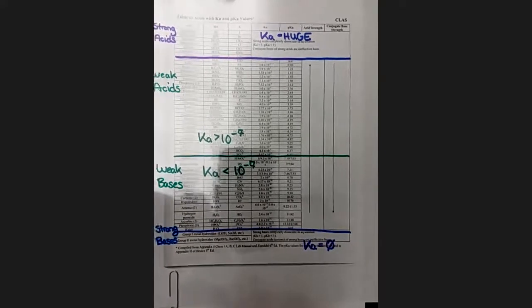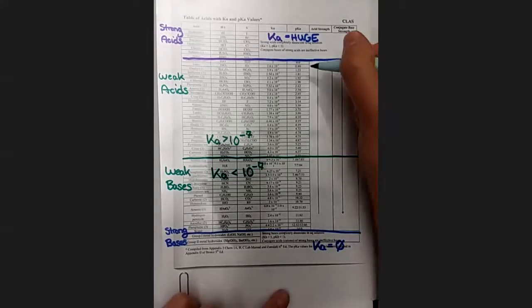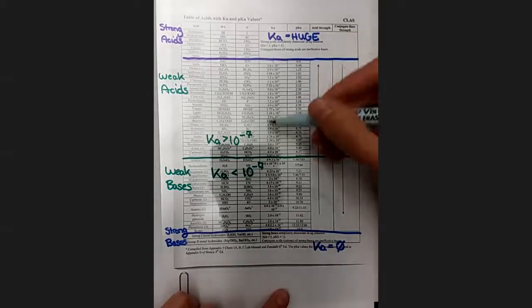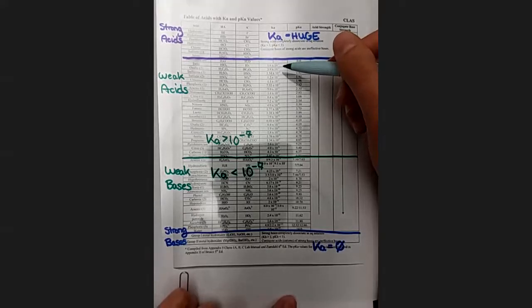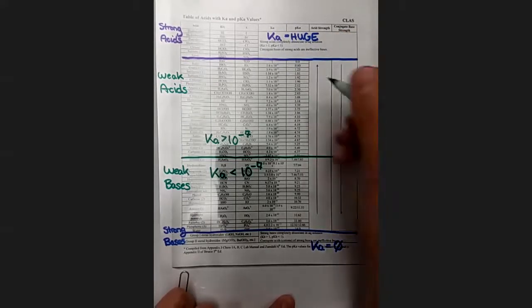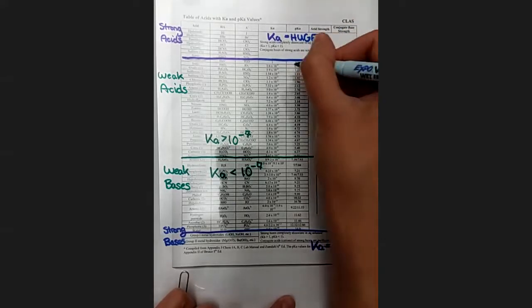The reason that I showed you this giant table that you can barely read is to remind you about what the Ka means for its strength and what it means about the strength of its partner. So over here, we're somewhere between Ka equals 10 to the negative 7th and Ka equals huge. I realize that's a large range, but let's just say that Ka is fairly large.